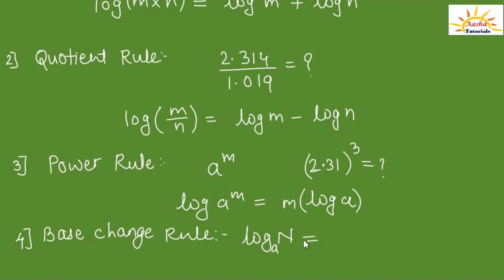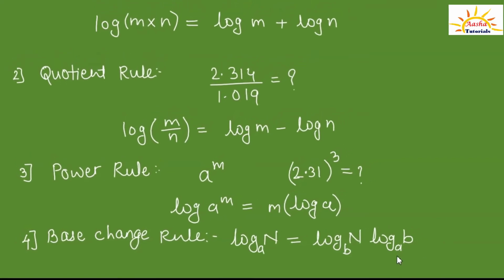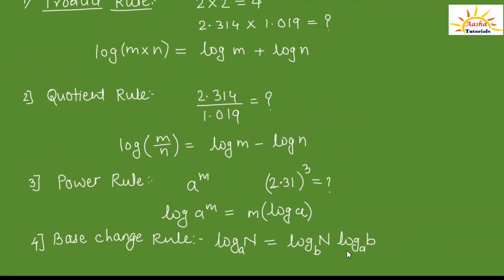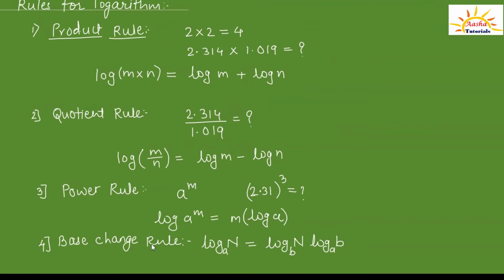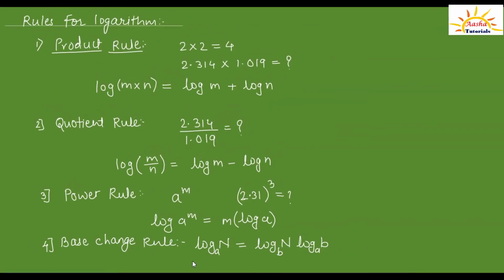Then how can we do that? As per this rule, the log of n to the base a is equal to log of n to the base b, so I change the base here, and then we have to multiply it by log of b with the base a. So this is the base change rule. Remember these four rules which are very important while solving problems with the help of the logarithmic table.